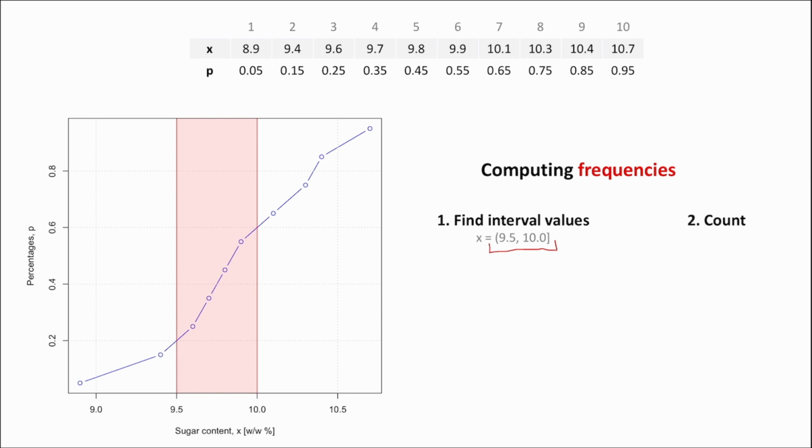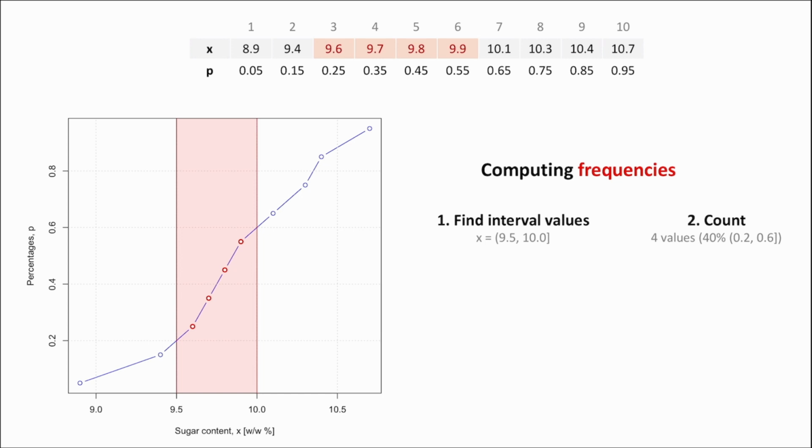So how many apples have sugar content between 9.5 and 10 grams? In this case, we set the interval, which you can see also as a red area here. And then we simply count how many values lie within this interval. If we count, we find that we have 4 values.